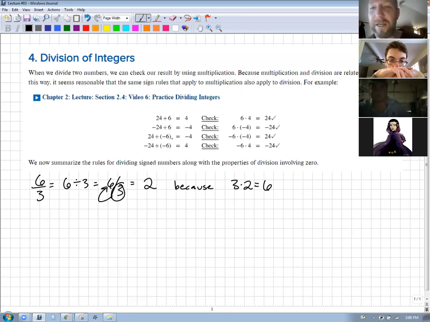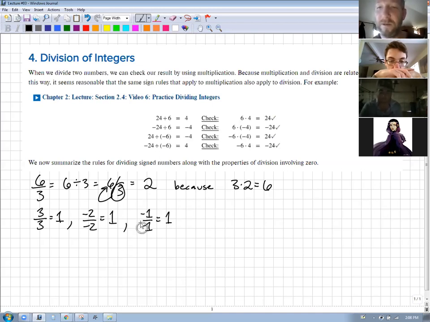Now for all these minus signs. Remember, 3 divided by 3 is just 1. -2 over -2 is just 1. Likewise, -1 over -1 is still 1. So keep that in mind.